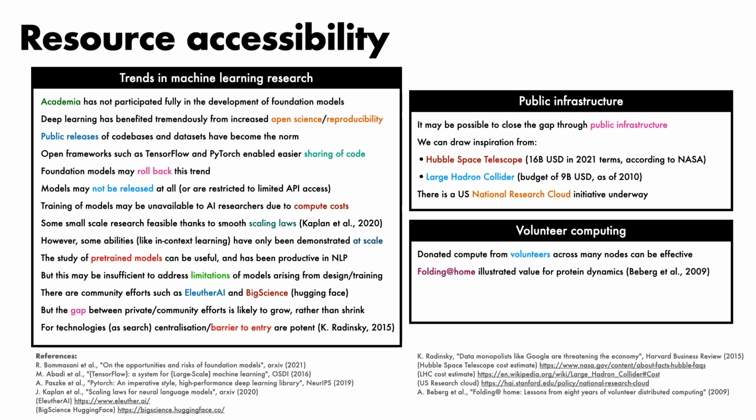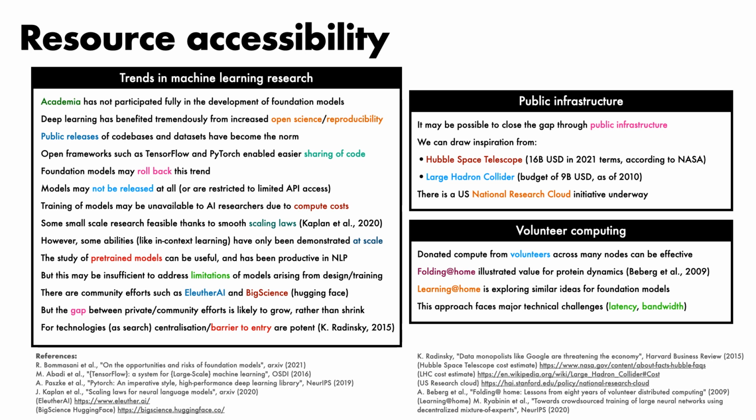More recently, the Learning@home project is exploring similar ideas for training foundation models. This is undoubtedly an exciting direction, though it naturally faces significant technical challenges in order to overcome the high latency that exists between internet volunteers and the high bandwidth required for training foundation models with current techniques.